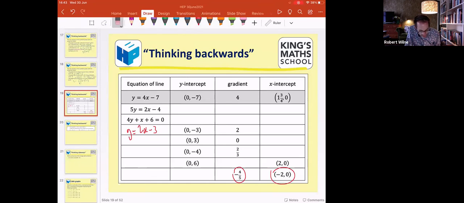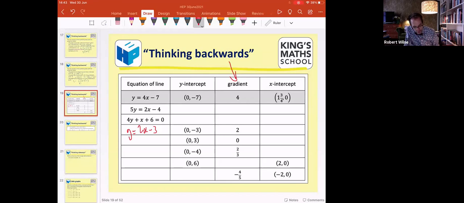So if you want to enliven y equals mx plus c, something like this is a good way of getting thinking going forwards and backwards. The only disadvantage of this table occurred to me after I'd made it, screenshotted it and dropped it in the PowerPoint. By having a gradient column, I'm requiring a gradient answer. So strictly speaking, it's quite hard to have a vertical line in this.